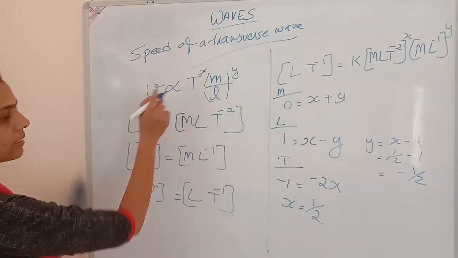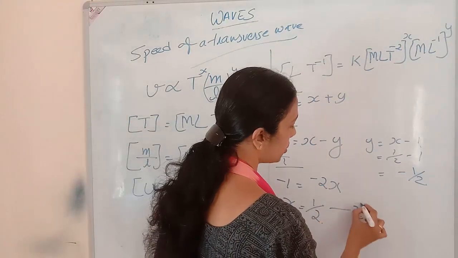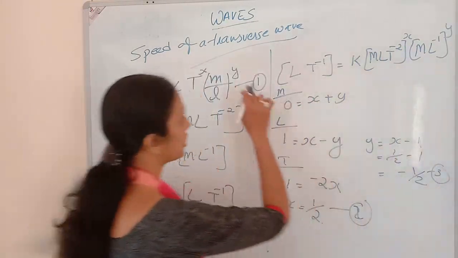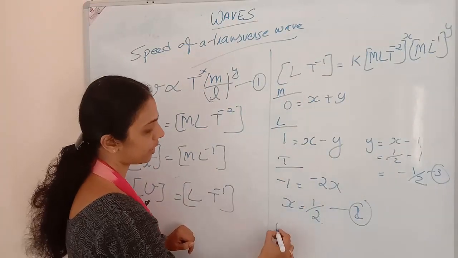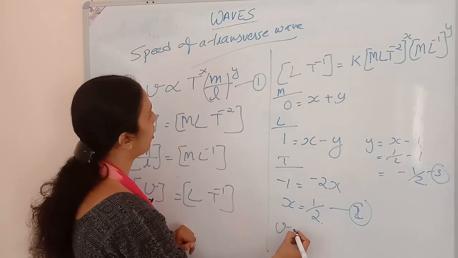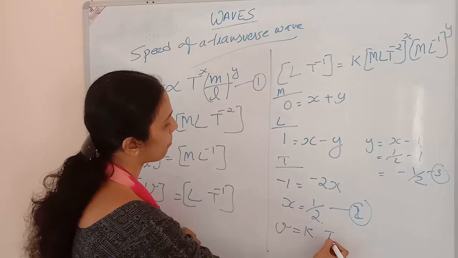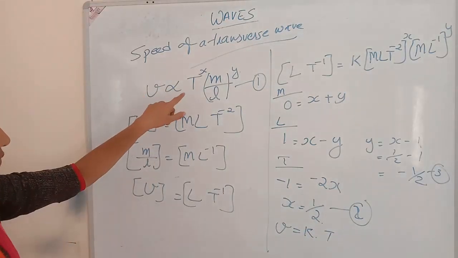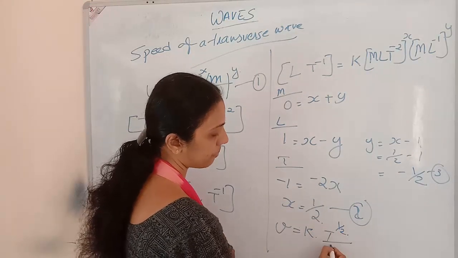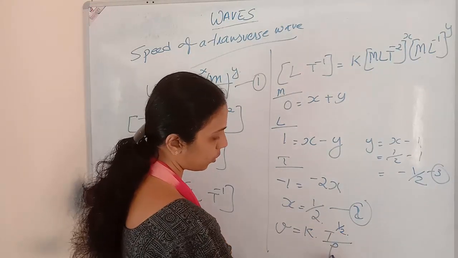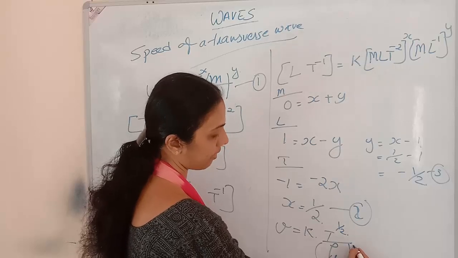Substituting these values of x and y in equation 1, V is equal to k into T to the power half, and the mass density, if I write it as rho L, to the power minus half.